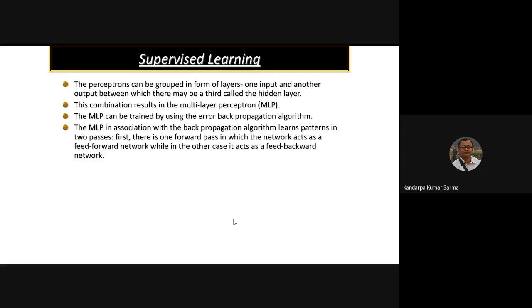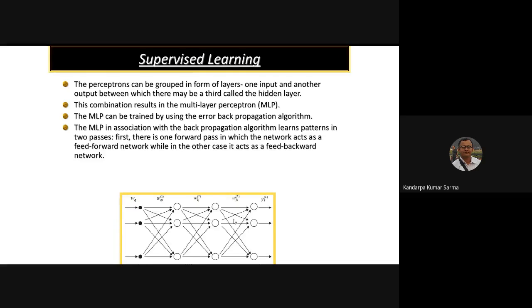Now let's come to supervised learning and see how we can create a multi-layer perceptron. We have talked about the multi-layer perceptron: the same perceptron concept comes, but here you will now use many perceptrons, grouped in layers: layer 1, layer 2, layer 3, mostly 3 layers. One will be the front end, one will be a middle layer, and one will be at the back end. You will feed the patterns from the front end.